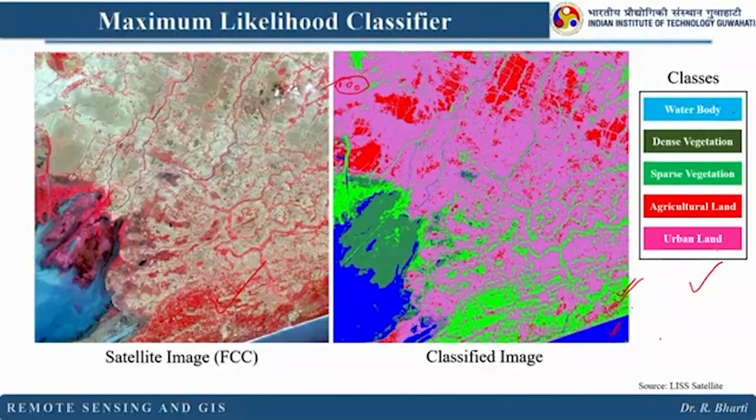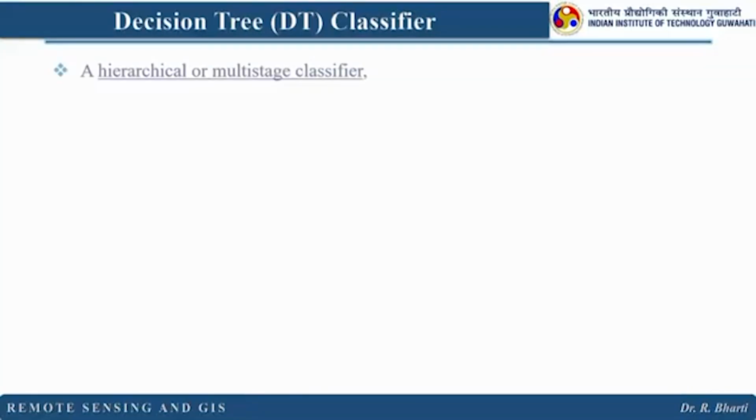You will find these two classes available in your classified image and rest of the pixels will be unclassified. So, you need to understand all these methods very carefully and accordingly you need to modify this as per your application. The next classification technique is decision tree classifier.